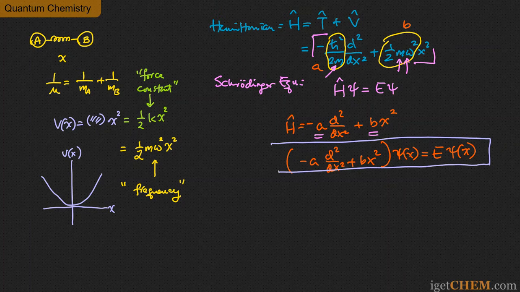Now, as we solve these equations, it's important to focus on what you're trying to get at the end. And because of the fact that there are these different parameters in the equation, sometimes it's a little bit more work to try to figure out where these parameters go. So the thing is, would it not be nice if this equation, instead of having A and B in front of the two terms on the left, was just minus d squared dx squared with a coefficient of 1, plus x squared with the second coefficient being equal to 1.